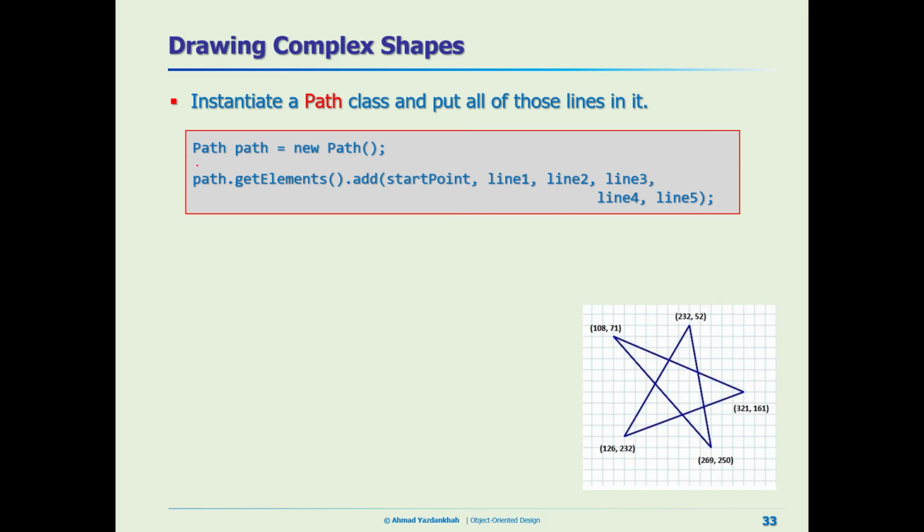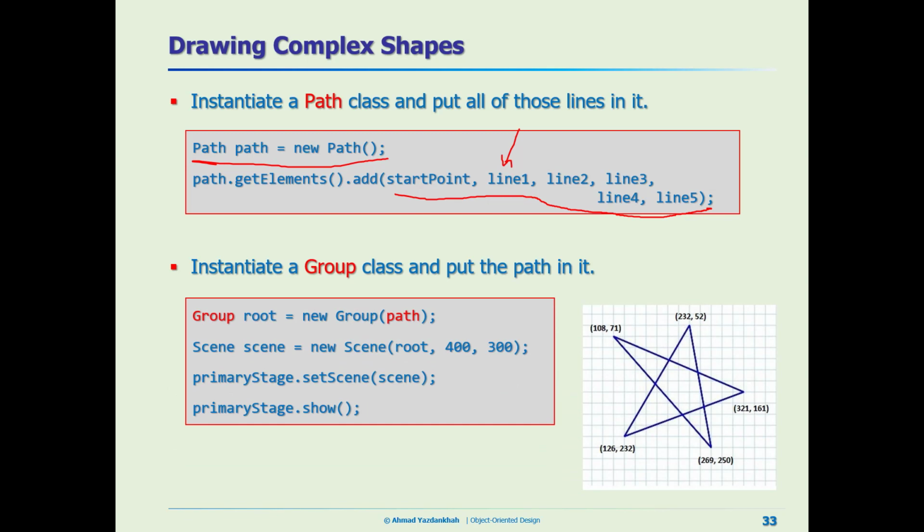So we instantiate a new path like this, and then we add the starting point and the rest of the lines. And finally, we instantiate a group like the previous shapes that we saw, and then we put that path inside this group like this, and the rest of that would be exactly the same routine that we saw before.